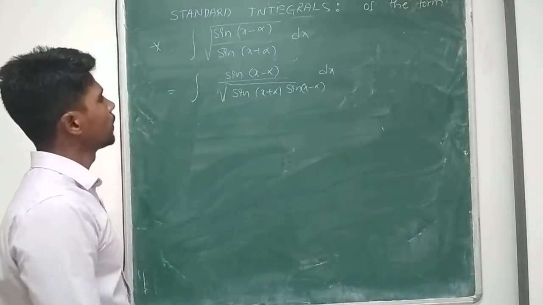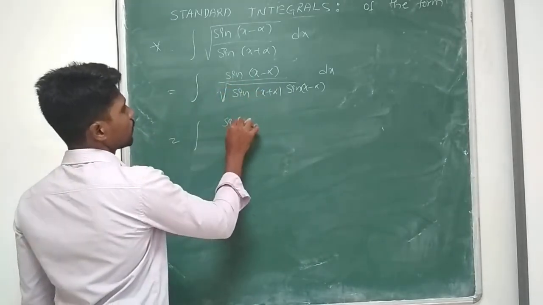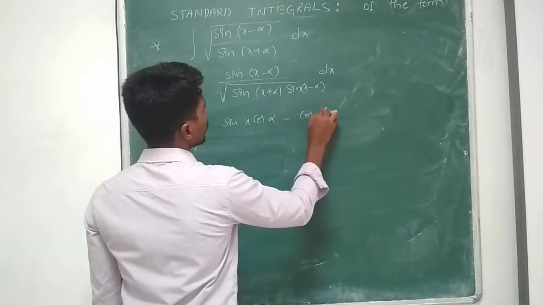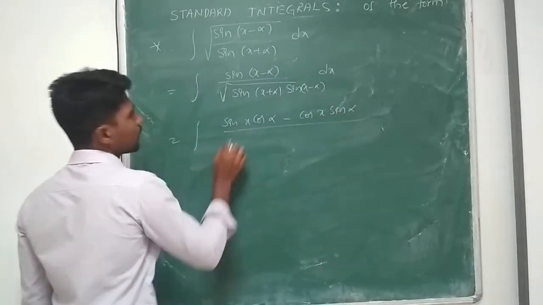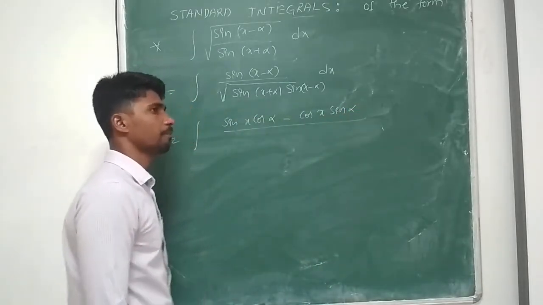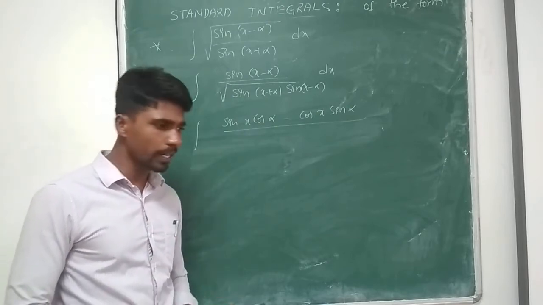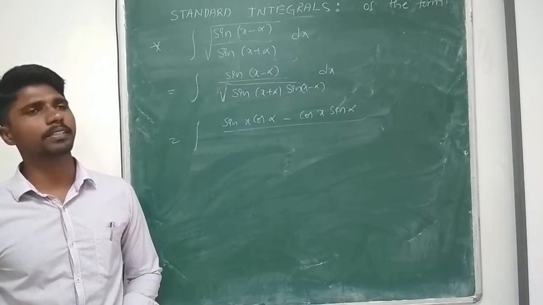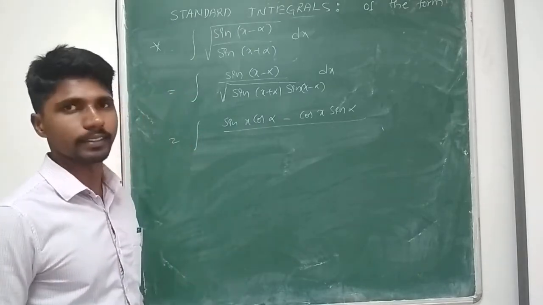It is of the form sin x minus y, which is nothing but sin x cos y, in place of y I have alpha, minus cos x sin y, by sin x plus y into sin x minus y, which is nothing but sin square x minus sin square y, or cos square y minus cos square x. Two ways I can write.